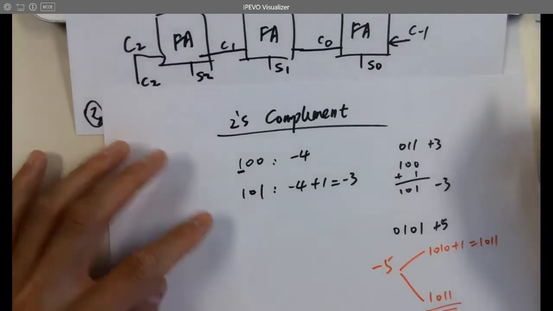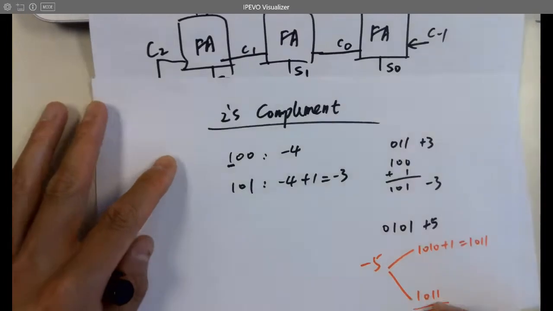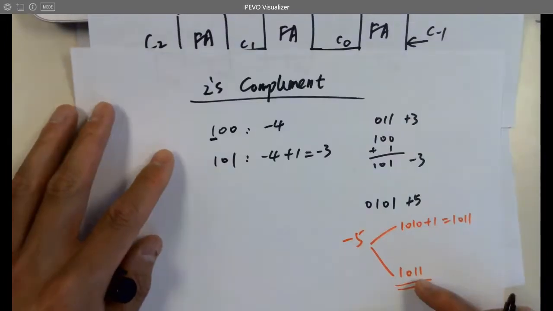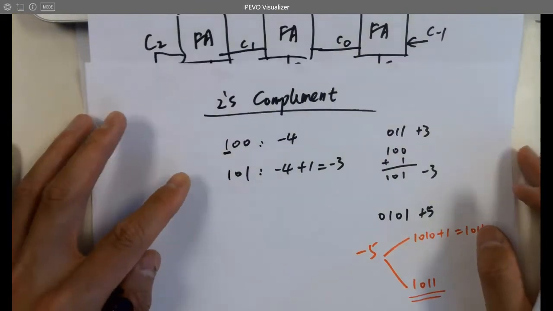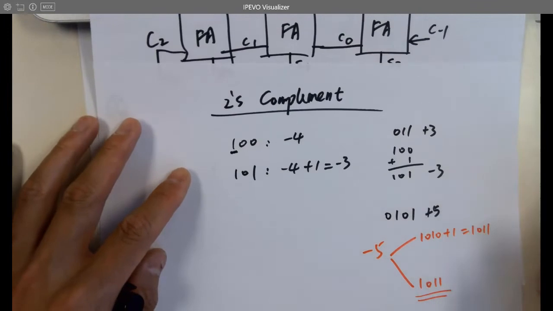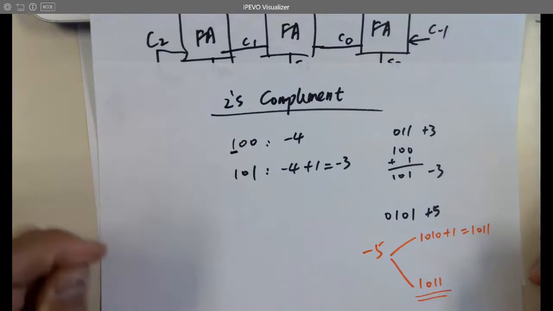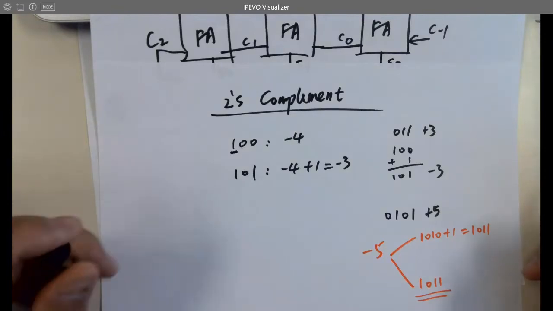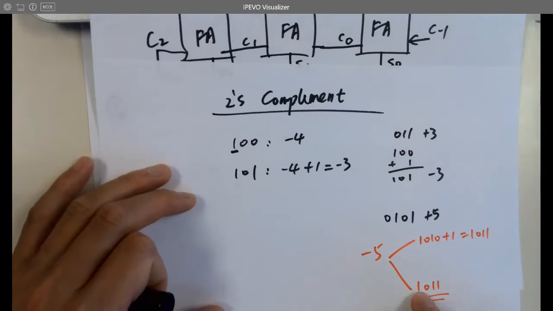But when we are designing the circuit, this is difficult to implement. It's just something happening in your brain, but how do we implement it using transistors? Your brain tells you this is -a. The computer is a binary machine.